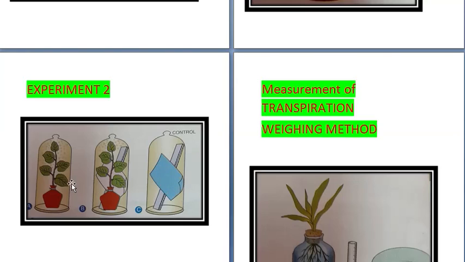What does this indicate? That droplets of water in both A and B are due to the presence of the plant, which is absent in C. And secondly, that these droplets are of water, because the cobalt chloride paper is turning pink.